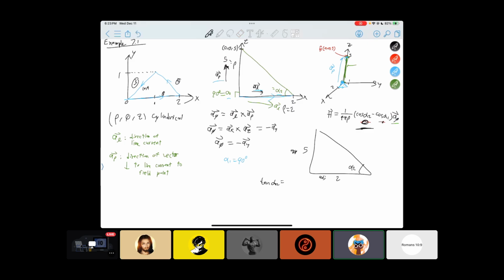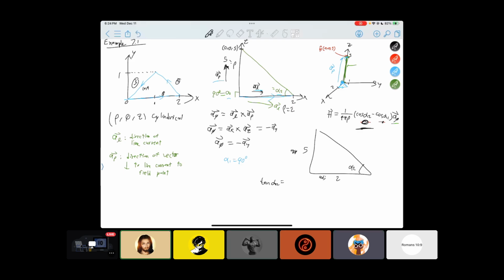Because if you do SOHCAHTOA, cosine is adjacent over hypotenuse. So you just find the hypotenuse, which is 5 squared plus 2 squared, the square root of that. So that'd be 25 plus 4, the square root of 29. Cosine of alpha 2 is adjacent over hypotenuse, 2 over the square root of 29. That's what Will was talking about earlier.